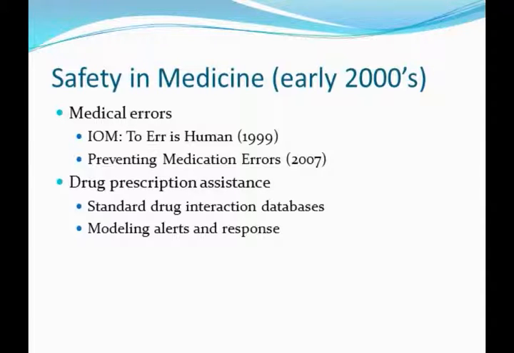So there was a lot of work in developing these standard drug interaction databases that could be used by systems to say, as you enter a drug on one patient, hey, there could be a direct interaction. And this was important because it was addressing specifically actions by clinicians that could be dangerous.